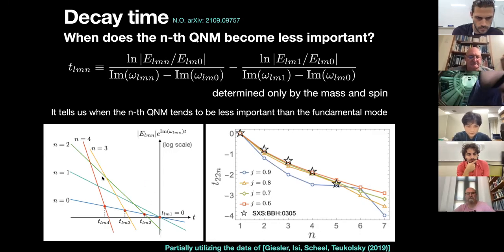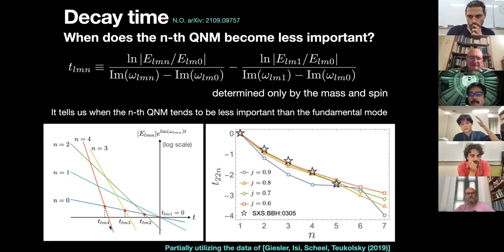Now I show you, in log scale, the amplitude of each quasi-normal mode. As we go to higher overtones, the suppression becomes stronger. But on the other hand, at early times, the higher overtones become more significant. Now the question is, when does the nth quasi-normal mode become less important? This can be quantified by this intersection point.